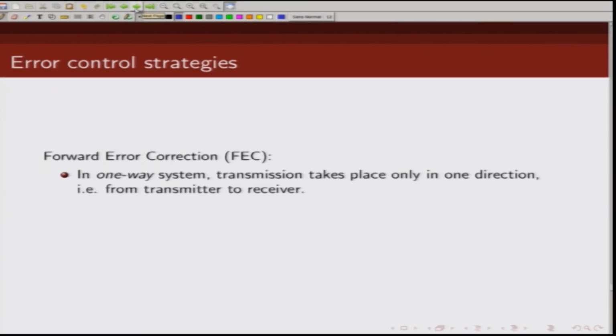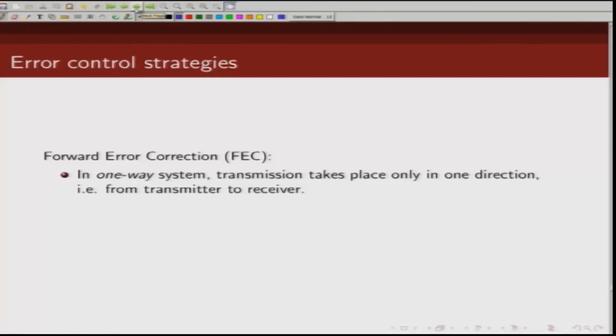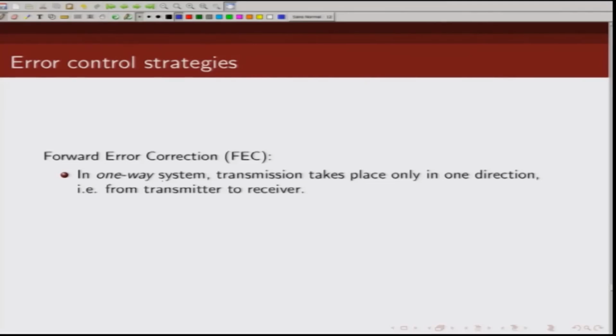So, finally, I am going to conclude this lecture with definition of few error correcting strategies. The first one which I am going to describe is what is known as FEC, forward error correction. So, in systems where there is no feedback from the receiver to the transmitter, we are calling those systems as one way system, where transmission happens only in one direction from transmitter to receiver.